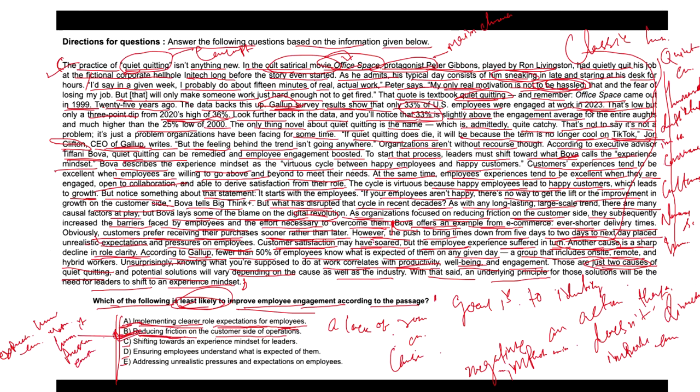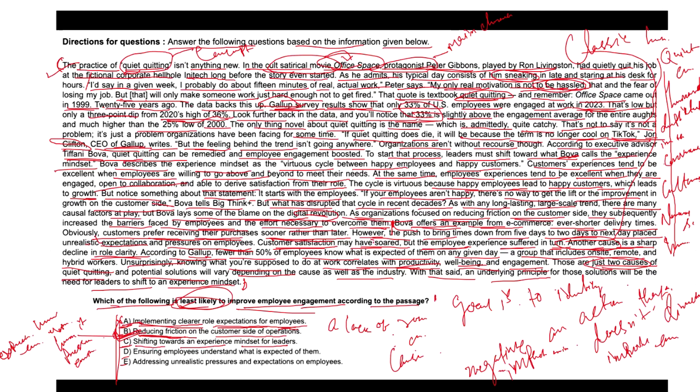But look at the other options. A is wrong, as we understood. For C, we need to find out whether it is better than option B or not. It says shifting towards an experienced mindset for leaders. The passage emphasizes the importance of the experienced mindset for leaders, which focuses on the interconnected well-being of both employees and customers.